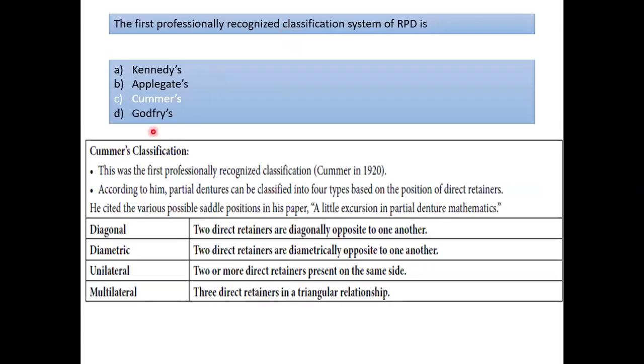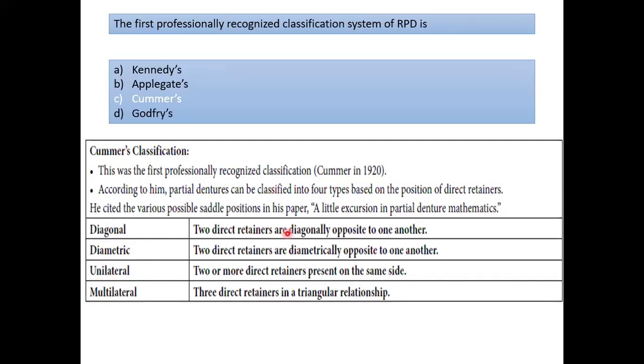So what is the classification given by Cummer for removable partial dentures? According to him, partial dentures can be classified into four different types: diagonal, diametric, unilateral, or multilateral, depending on where your teeth are missing.